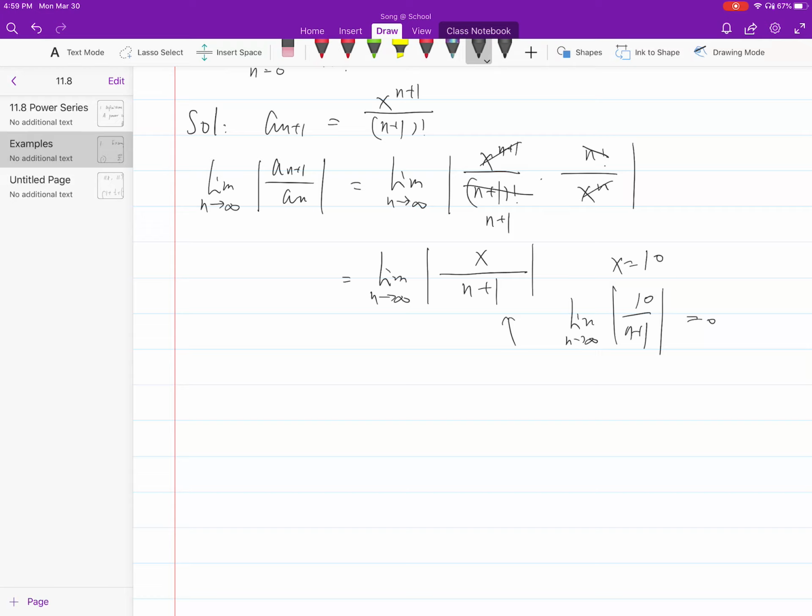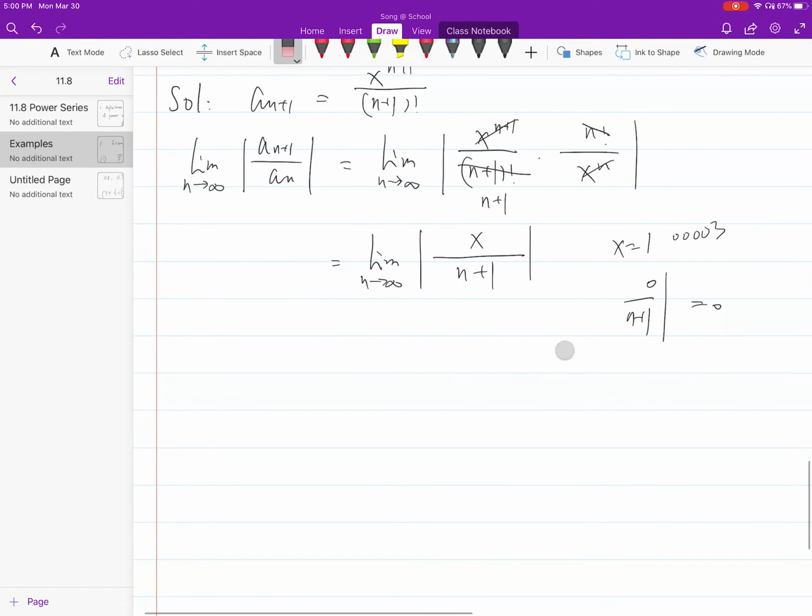What's the limit? 0. What if x equals, I don't know, 1,000,003? That's just going to be 1,000,003 divided by n plus 1 when n goes to infinity. It's going to be 0. Then do you realize this one is going to be 0 no matter what x you plug in? That means for all x, this one's 0.